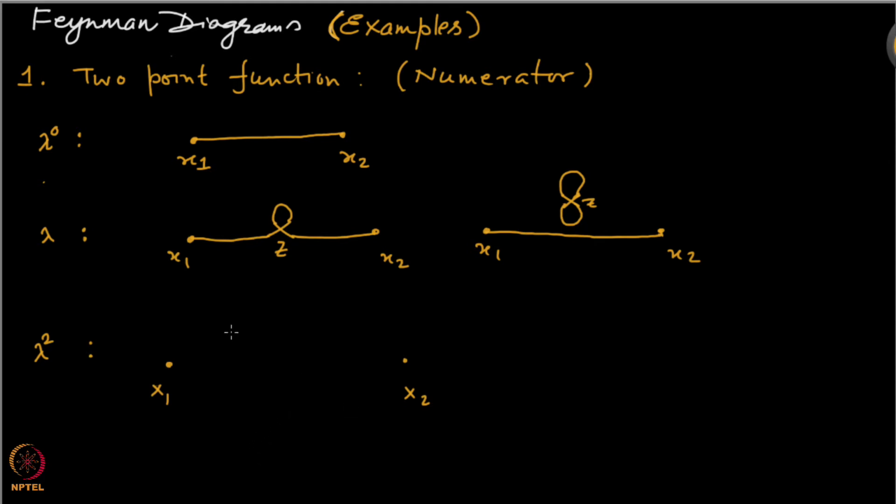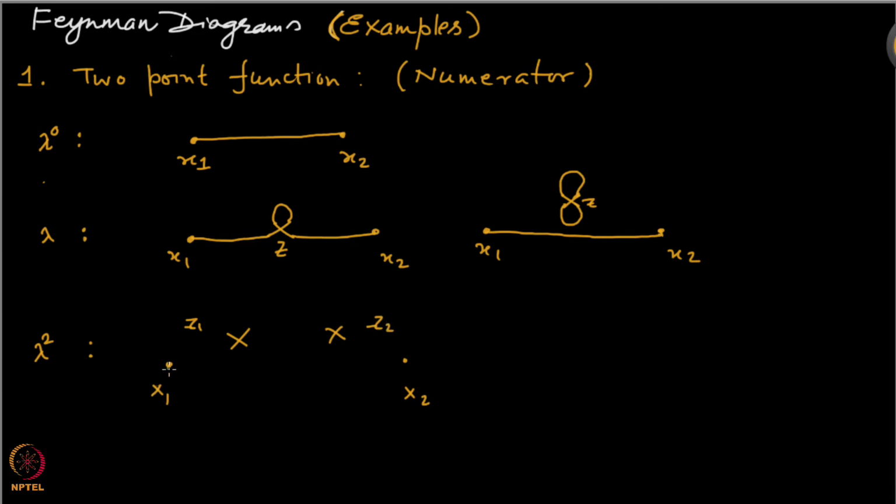At order lambda squared you have two vertices z1 and z2. There are many diagrams that you can draw with these two external points and these two internal vertices. Let me draw a few of them. Let me write z1 here and z2 here.